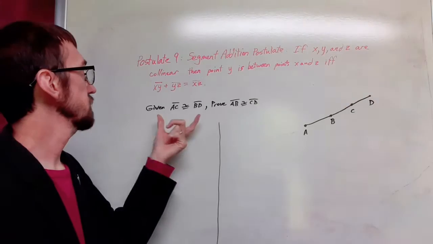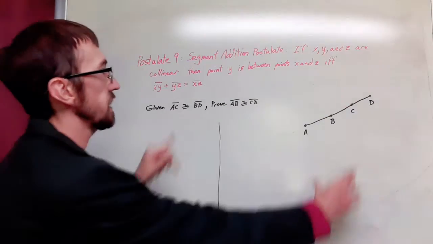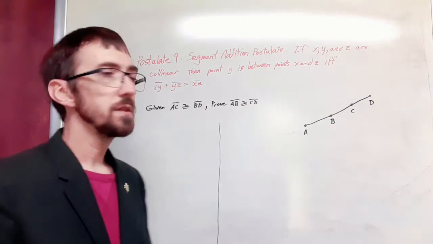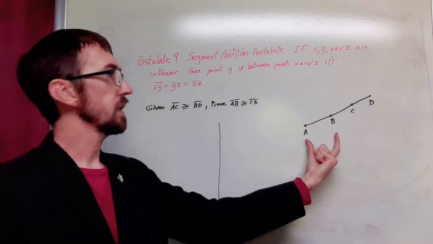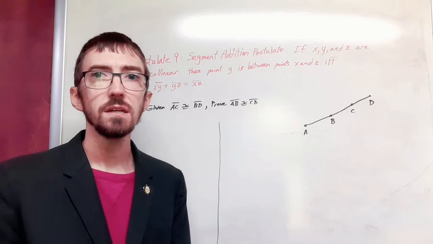And so I have a diagram here and a given stating that AC is going to be congruent to BD. Then we are going to prove from that statement that AB is going to be congruent to CD.